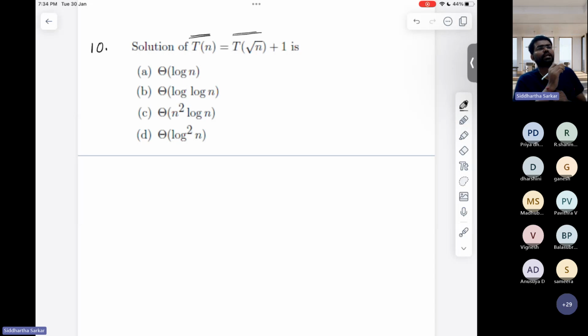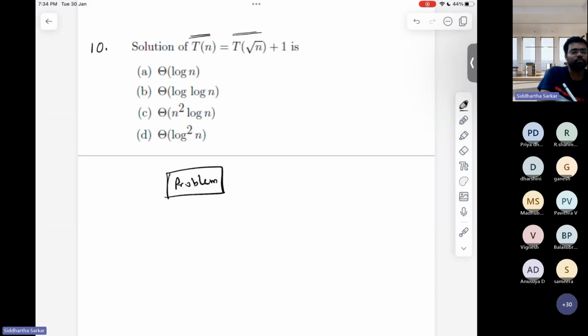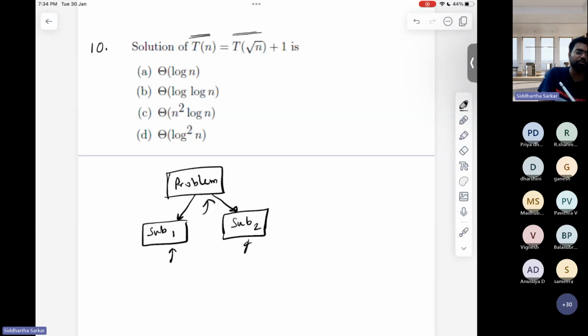So in many cases, we solve a problem by dividing it into subproblems. So smaller problems. One problem, we divide it into two subproblems or rather multiple subproblems, and we solve these. And then we merge the solutions to get the solution to the original problem. That is a very common pattern of algorithm design.